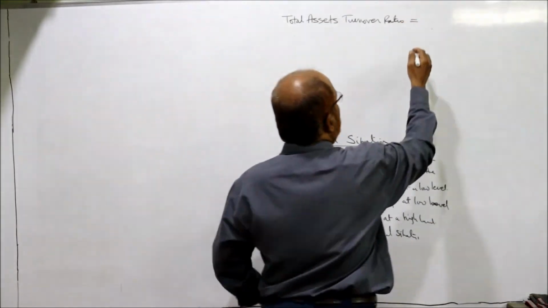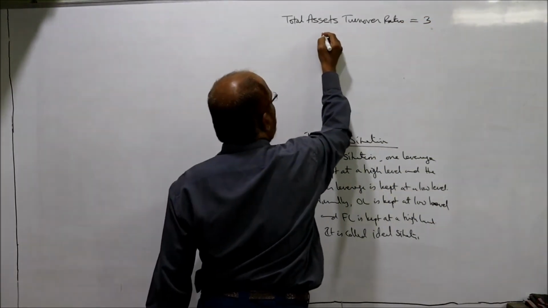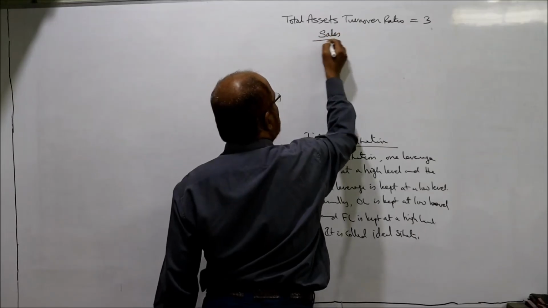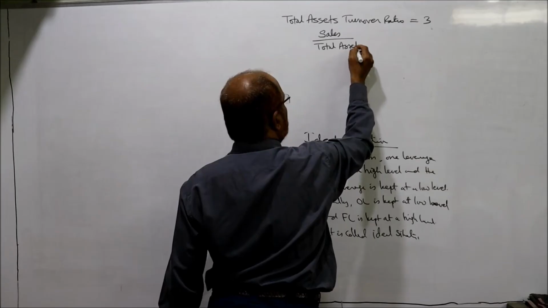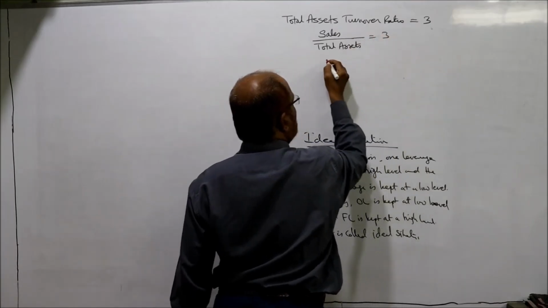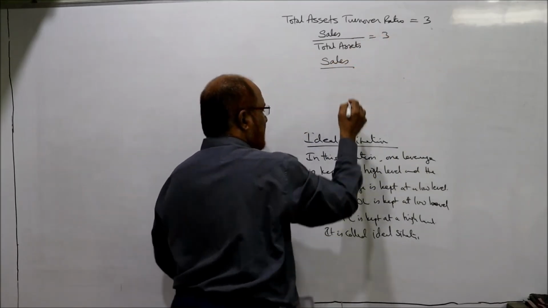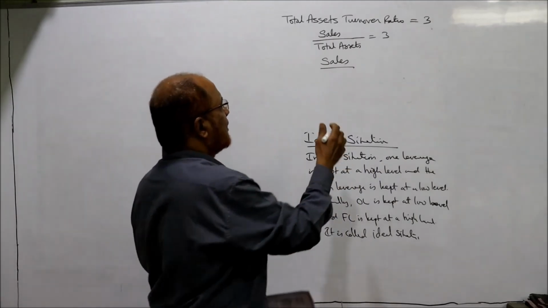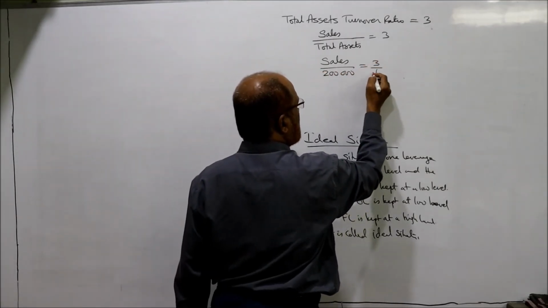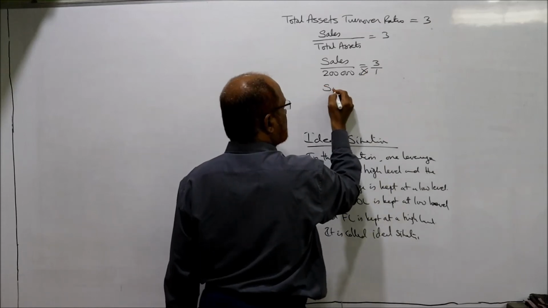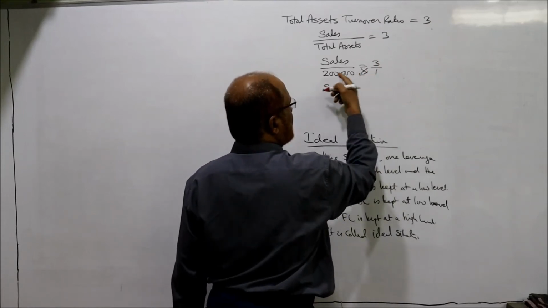Total assets turnover ratio is 3. The formula for total assets turnover ratio is sales divided by total assets, which is equal to 3. Sales we don't have, but total assets is given in the problem, 2 lakh. Three twos are 6 lakh.